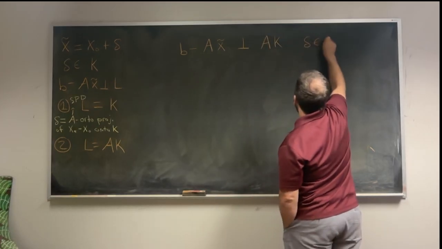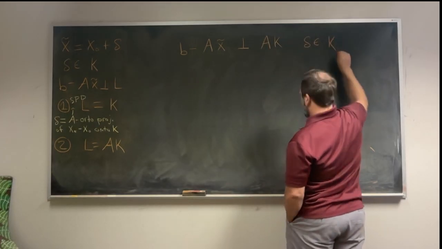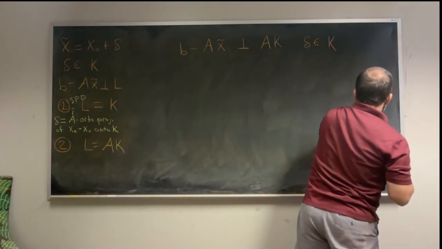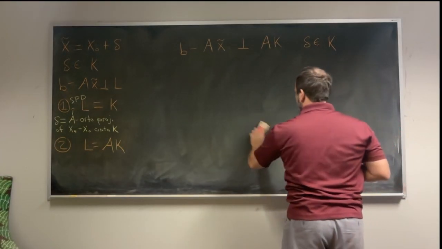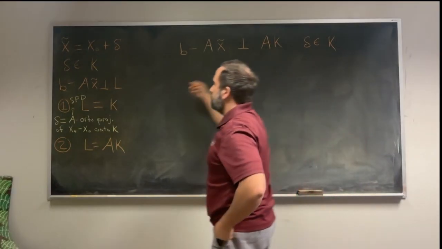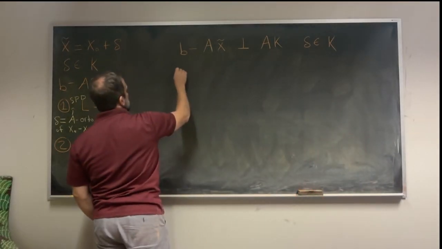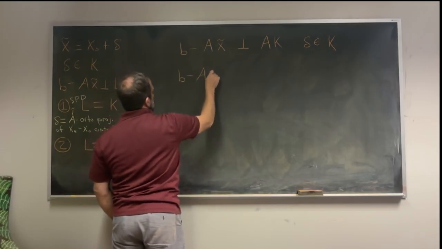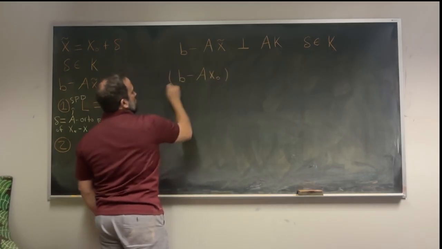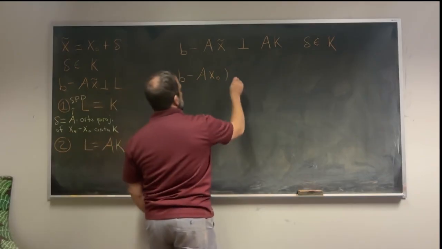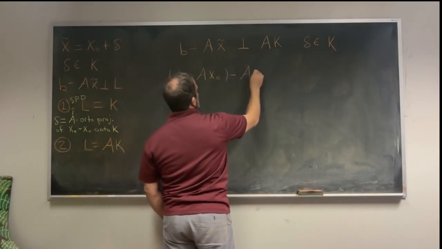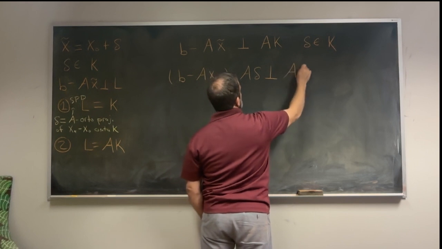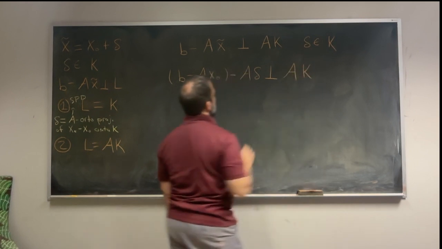And again, we want delta to be in K. Now, delta doesn't appear explicitly in that formula, but that's okay because we know x tilde is equal to x naught plus delta. So we can write this as B minus AX naught minus A delta to be orthogonal to AK.